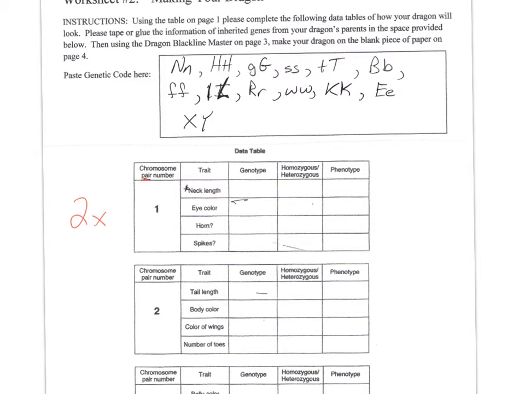With neck length, we have big N, little n. That means, what can this father give his children? This father can give his children either a big N or a little n. So you got to understand that, okay?